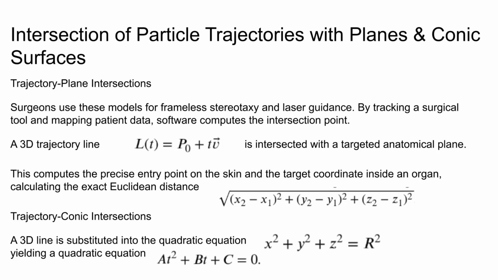The reason planes and conic surfaces are useful is because they provide mathematically tractable descriptions of 3D structures. Simple geometric models allow researchers to perform calculations efficiently and make predictions about complex systems. This demonstrates an important connection.